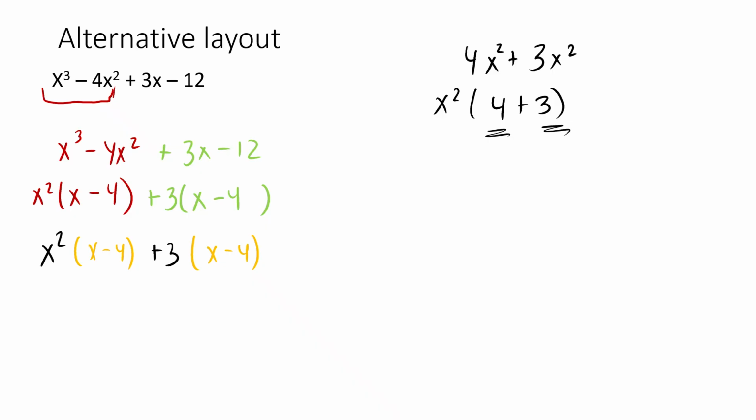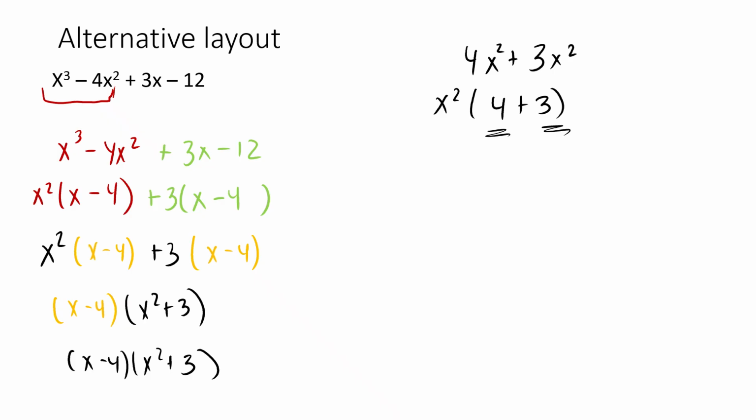We're going to do the same thing right here. We're going to factor out the x minus 4. That's like taking out the x squared. And then what we're left with is the x squared plus 3. And then just for our final step, I'll put it all in the same color.